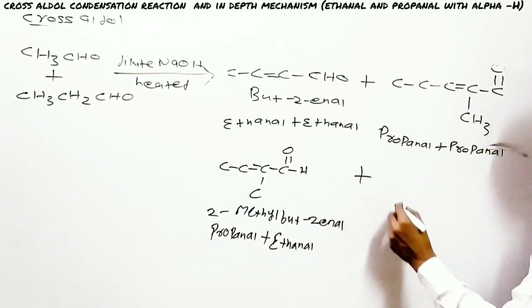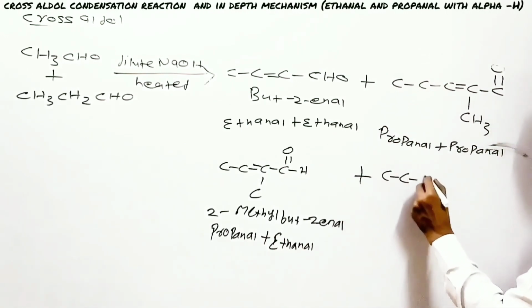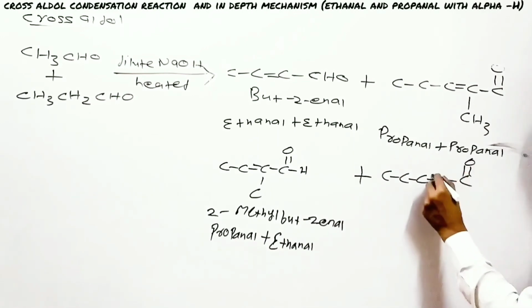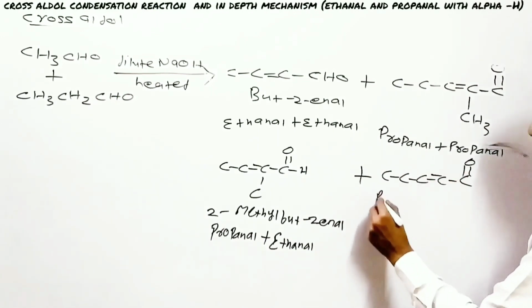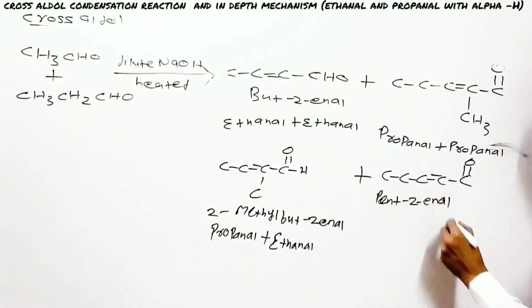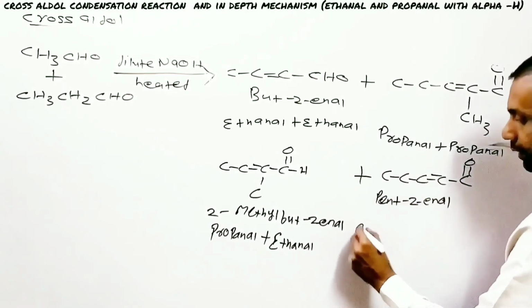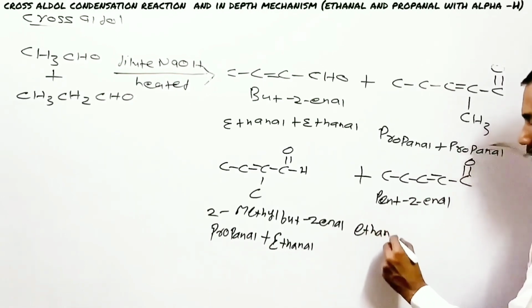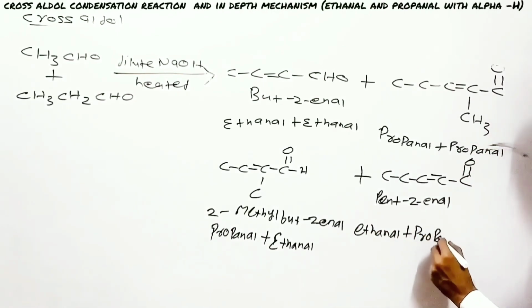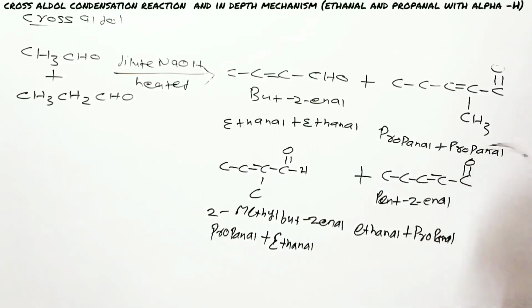Similarly, the fourth one is going to be pent 2-enol. So this is your pent 2-enol, and this is coming from ethanol plus propanol. So this is how the overall reaction looks like, which was really complicated and a bit lengthier.